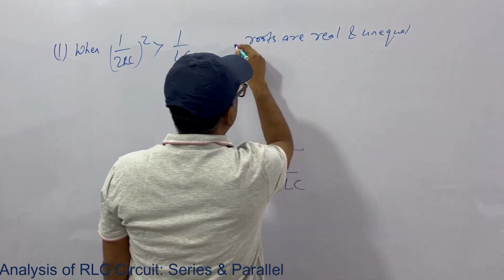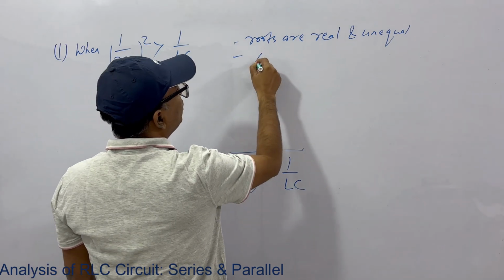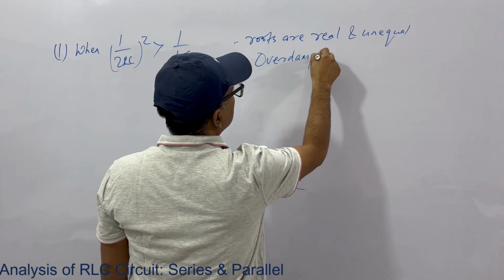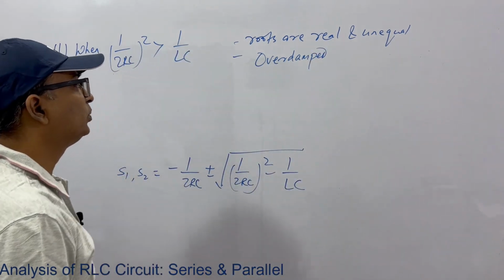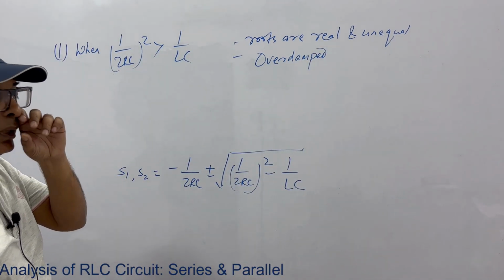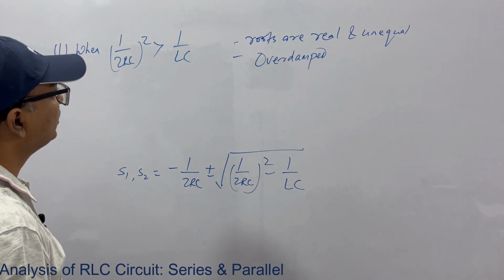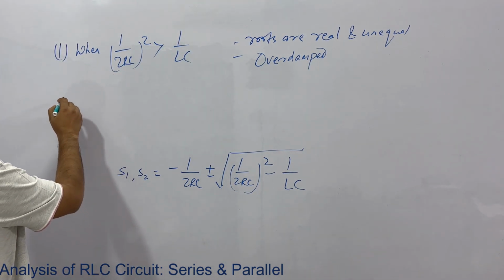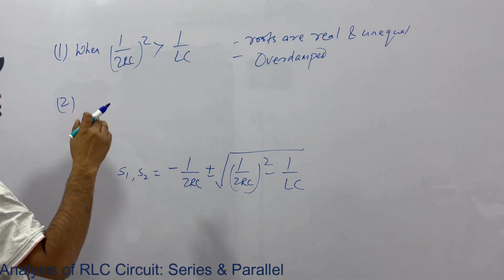This type of case is called the over-damped case. You must have studied this in your 12th class in simple harmonic motion, when you were studying oscillation. So the response is over-damped.